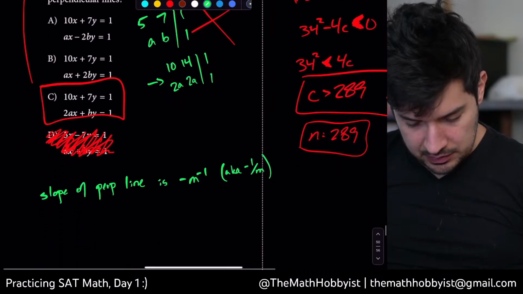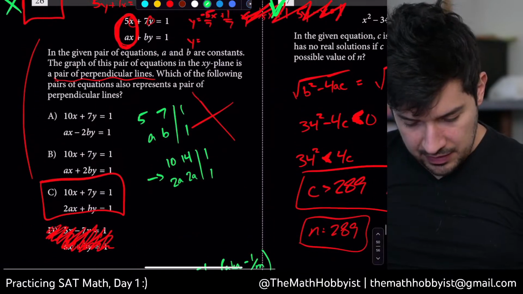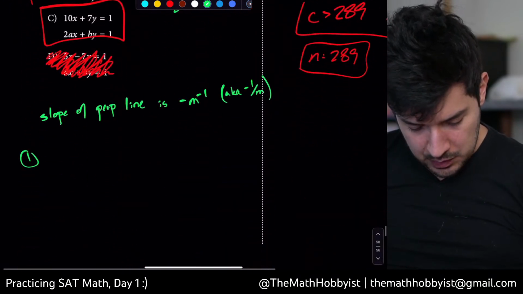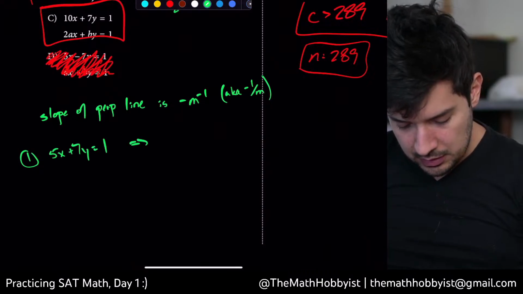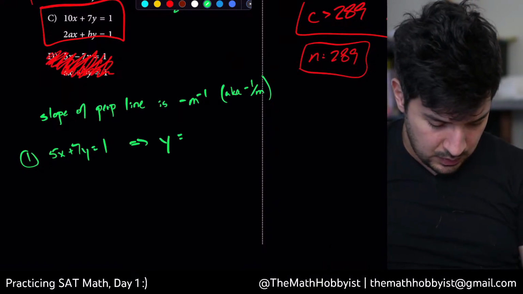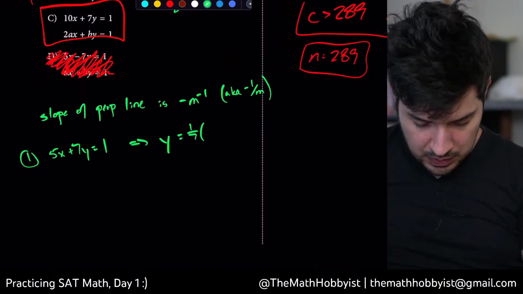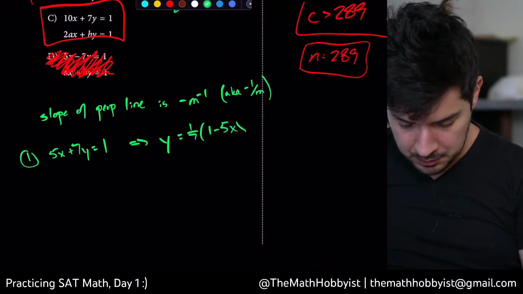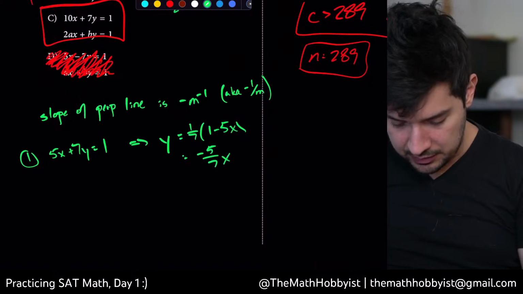we know that from the first equation, 5x plus 7y equals 1 implies that y is 1/7 times 1 minus 5x, which is minus 5 over 7 x plus 1/7, right?